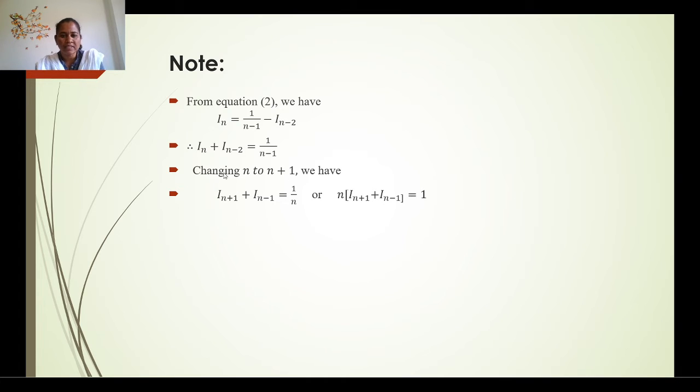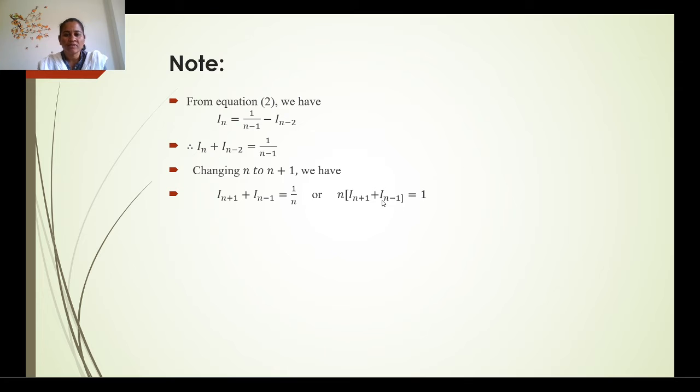We get I n plus 1 plus I of n minus 1 is equal to 1 by n plus 1 minus 1, and the minus 1 gets cancelled, giving 1 by n. Then cross multiply by n, we get n times I n plus 1 plus I n minus 1 is equal to 1.